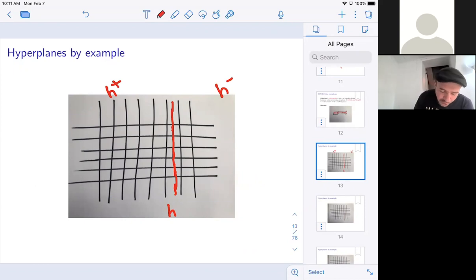If you have a point X that lives on one side and a point Y that lives on another side, we will say that the hyperplane H separates X and Y. So to say that H separates X and Y just means that X lives on one side and Y lives on another side. And this is not special to points X and Y. You can take any set you want. You can take a set A that lives on this side and a set B that lives on this side, and you say H separates A and B.